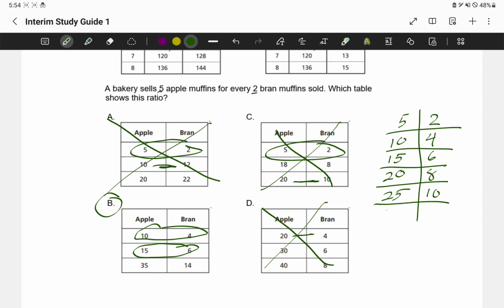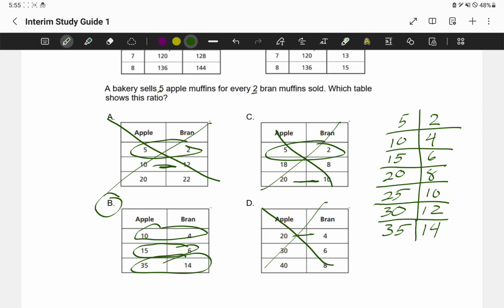And if we just continue, 30 and 12, 35 and 14. And there we go. All done. You just got to keep the pattern going.